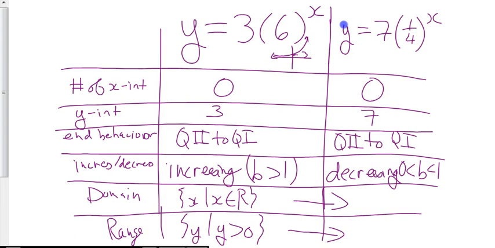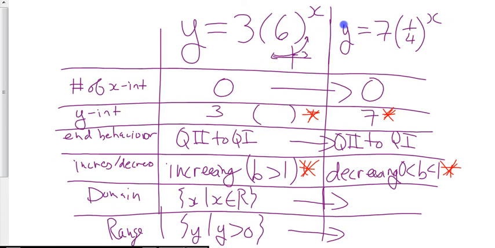So we have some things that are constant here, right? And we have some things that change. So what changes? Okay, and what's constant? This is constant. So things that change are the y-intercept, which is related to what variable?